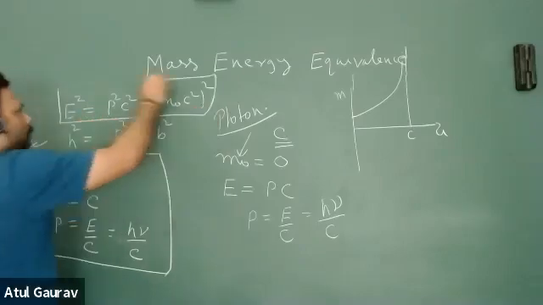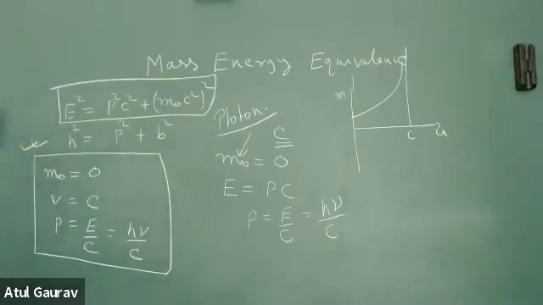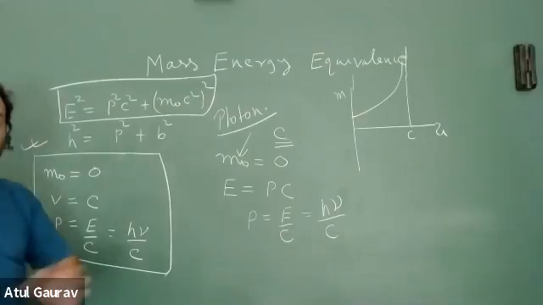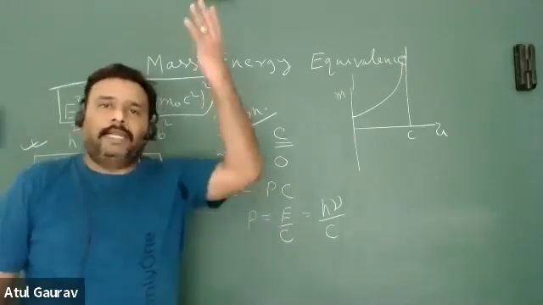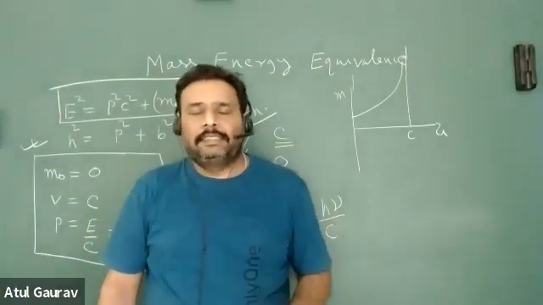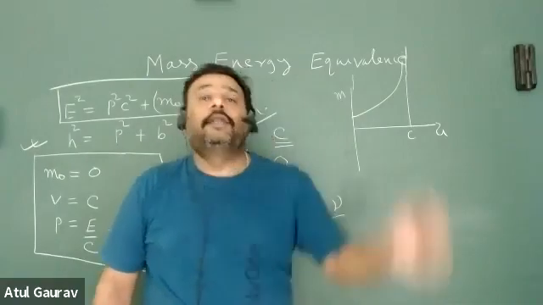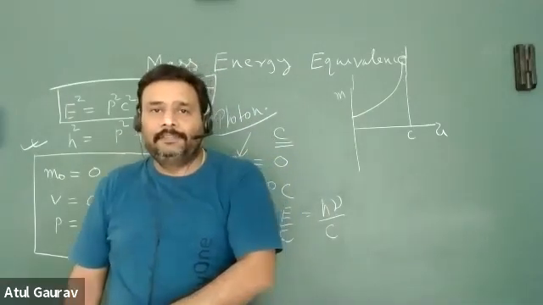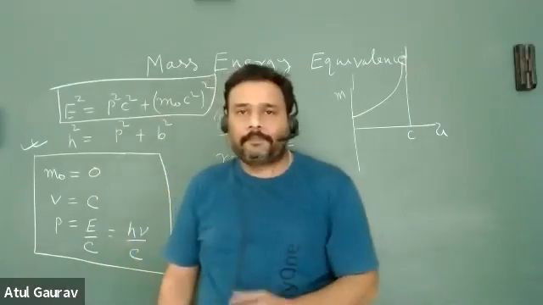From this expression, we can have a logic that a massless particle can exist. So what will happen when V is equal to C? You cannot say that when V is equal to C, then it will become infinite mass. No, infinite mass does not exist. When V is equal to C, then the particle will be massless. This is the wonderful thing.